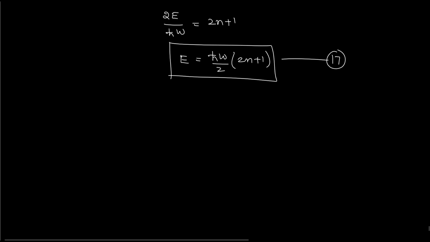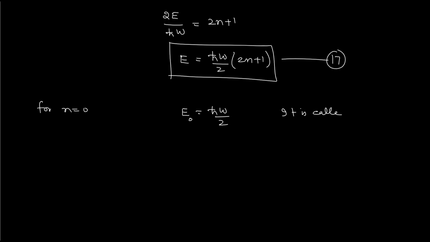And if we substitute the various values of n, for n equal to 0, E0 will be equal to h cut omega by 2. It is called zero point energy, the minimum energy. So the harmonic oscillator cannot have zero energy. Its minimum energy is half h cut omega. It is called zero point energy.